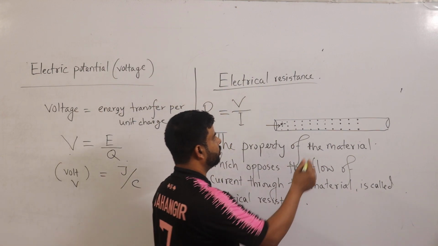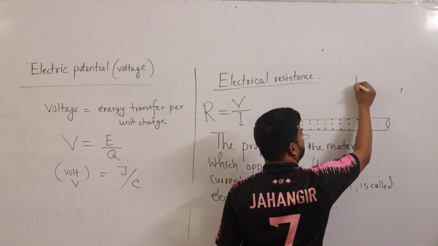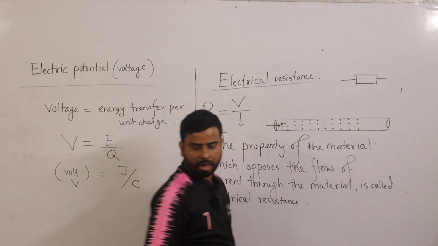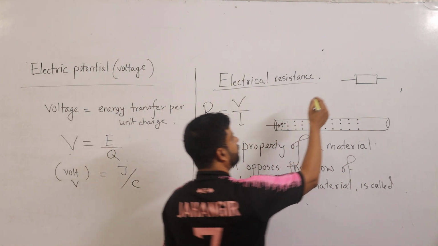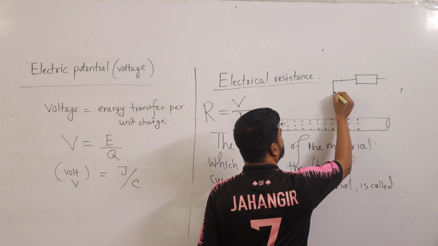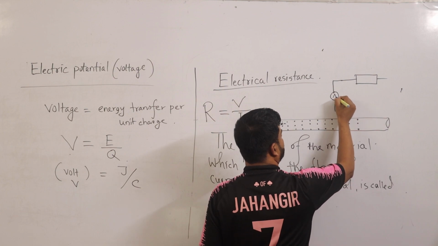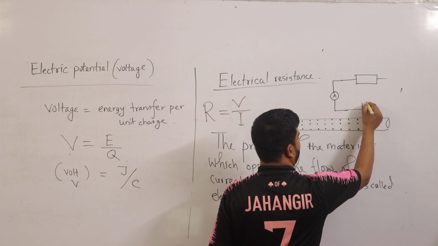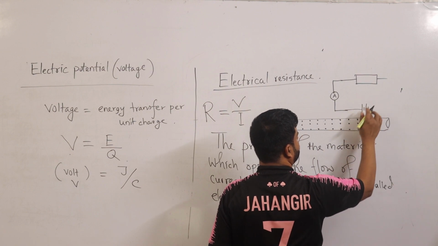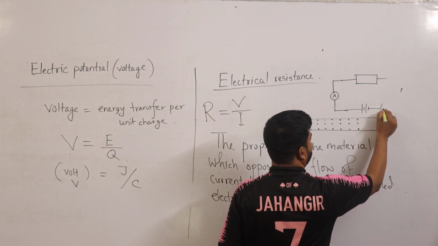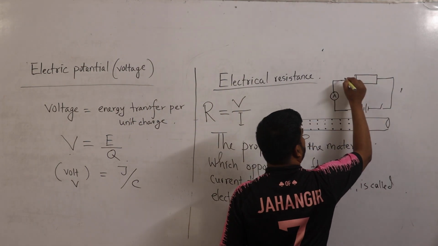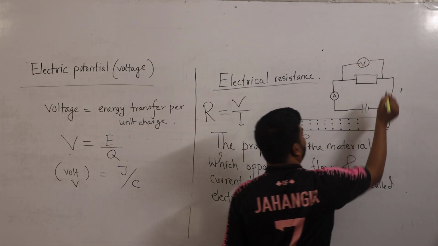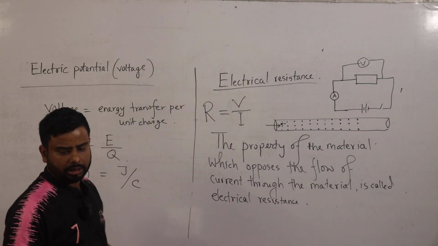If we want to measure the resistance of this resistor, then we need an ammeter to measure the current flowing through it, a DC power supply, a switch, and a voltmeter to measure the voltage or potential difference across the resistor.